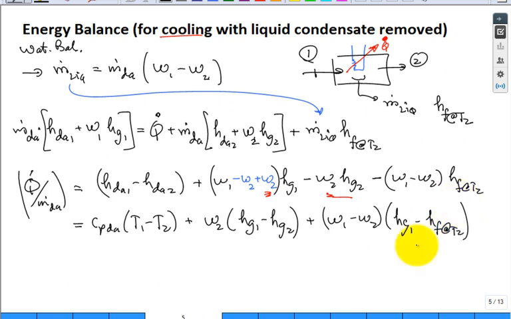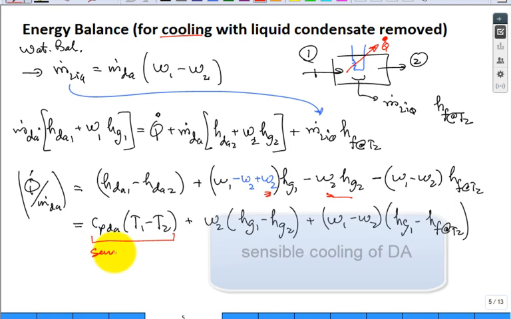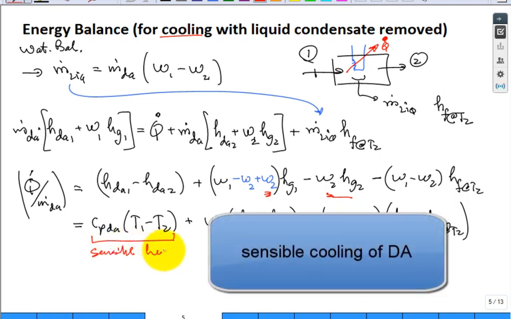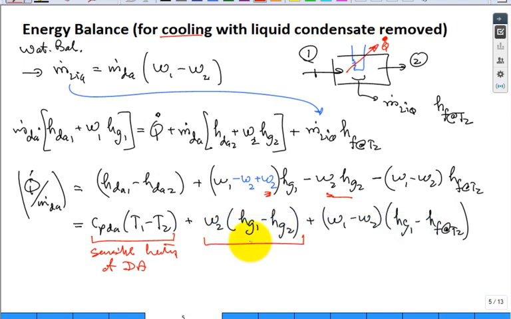What I want to do is now interpret this. Whenever you see something like this, that's the sensible heat of the dry air. That's a sensible heating of the dry air. What is this? Well, if you're having liquid condensate removed, which omega is larger? Omega 1 is larger, and omega 2 is smaller.